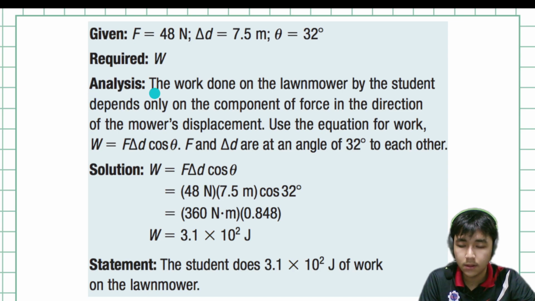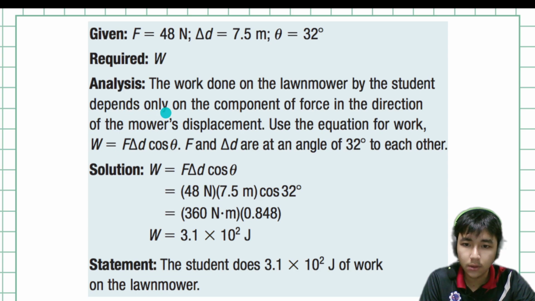Analysis: the work done on the lawn mower by the student depends only on the component of the force in the direction of the mower's displacement. Use the equation for work, which is work equals force times distance times cos theta. Force and distance are at an angle of 32 degrees to each other.